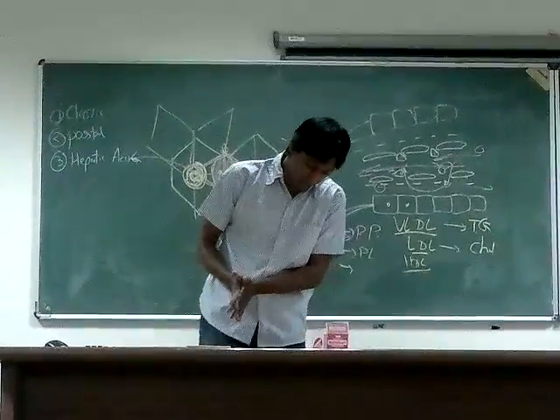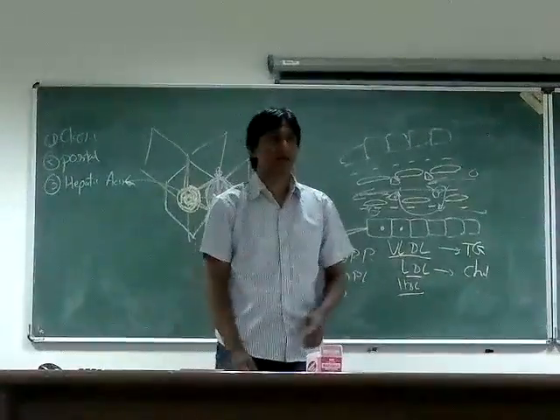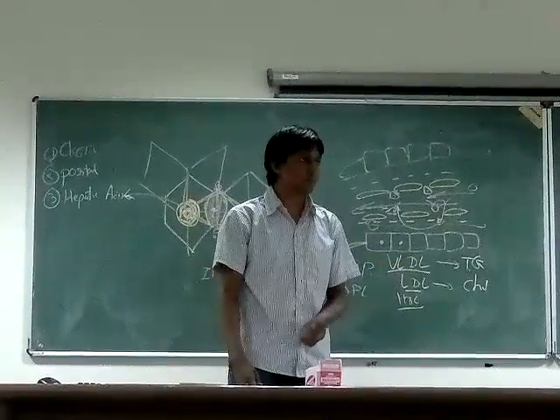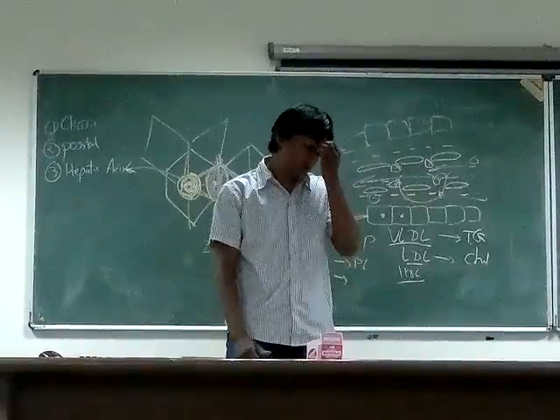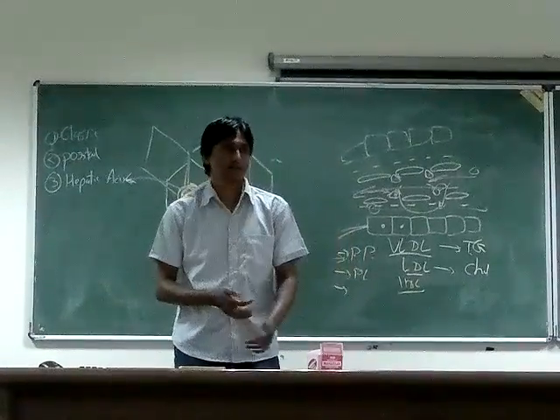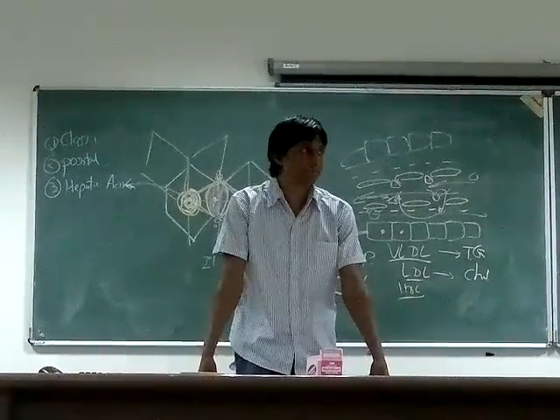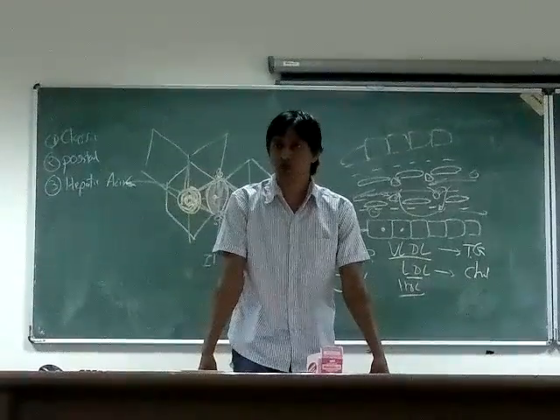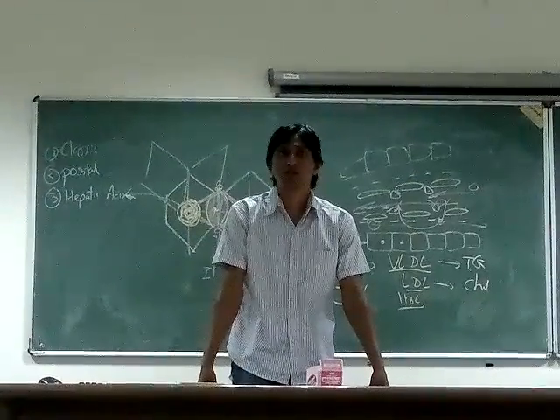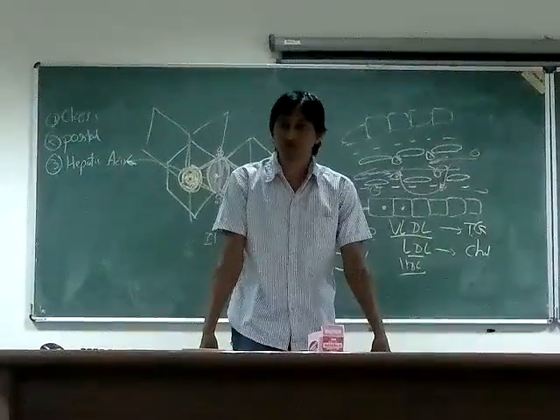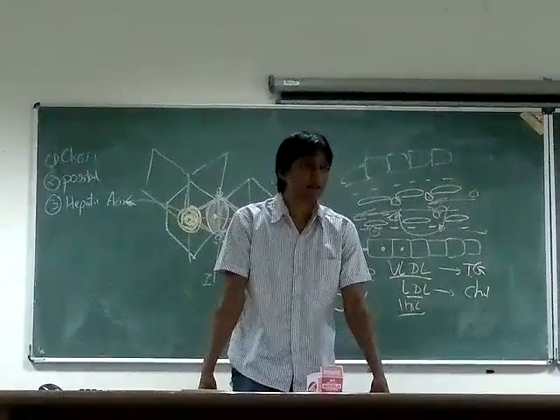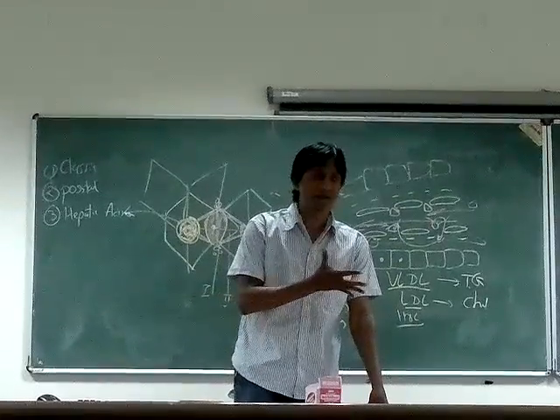Now, there is a condition of chronic hepatitis, any infection of the liver. So which zone will be affected most? Zone 1, zone 2 or zone 3? Zone 1. Why? Because if there is infection, there are neutrophils and macrophages that will go into the liver.